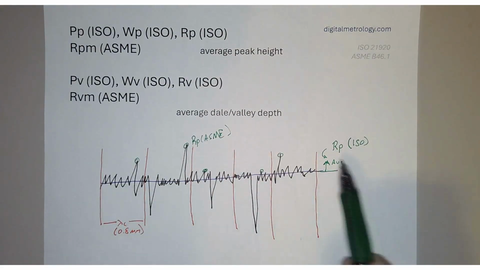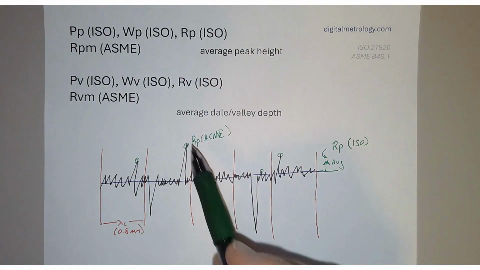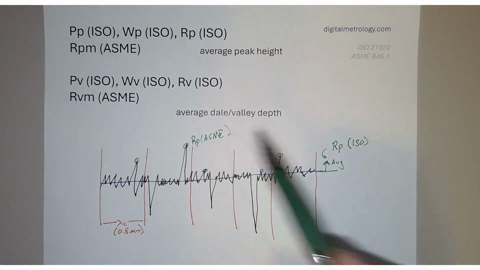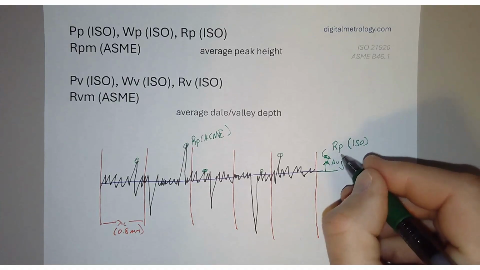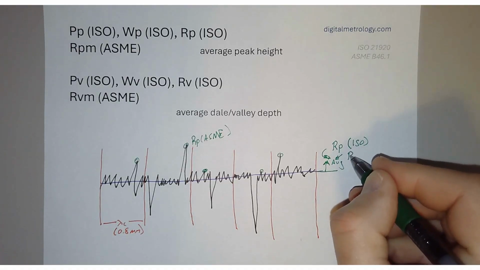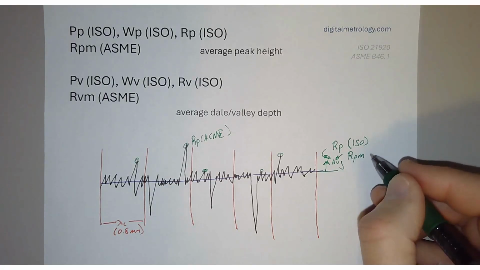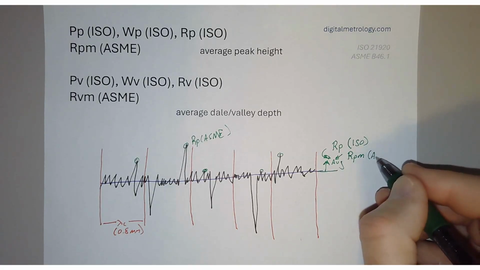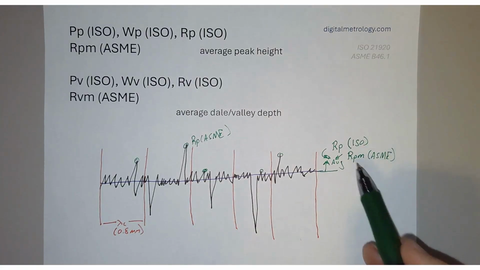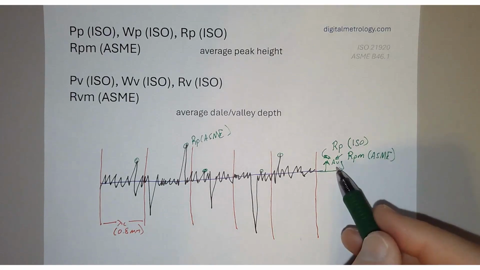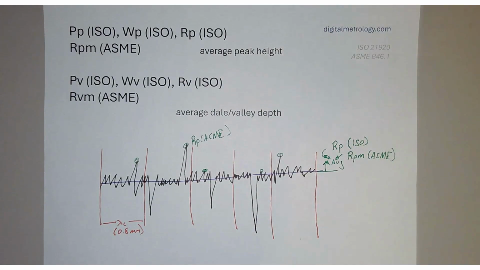Since the evaluation length is the region or length of interest, RP according to the American standards would be here, and this parameter down here, this average, the average in the American standards would be RPM, and we use the designation M for mean, or the statistical term for average. So RPM, according to the American standard, is this average. RP, according to ISO, is the average.